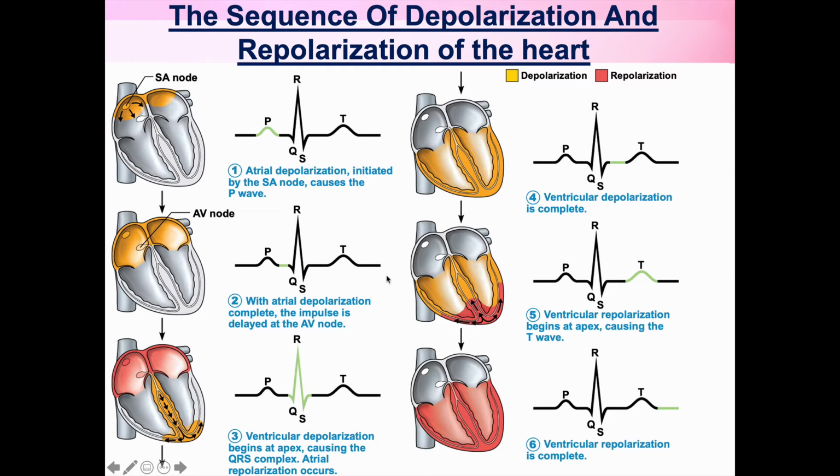During the diastole, the ventricle and the atrium will relax at the same time, thereby the T wave is formed. This part is depolarization, that is the systole, and this part is the repolarization, that is the diastole.